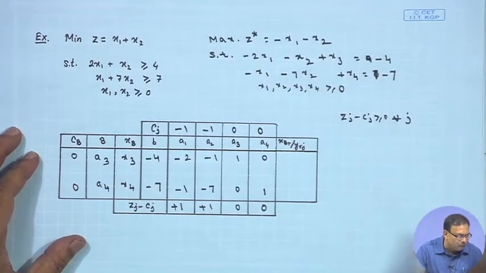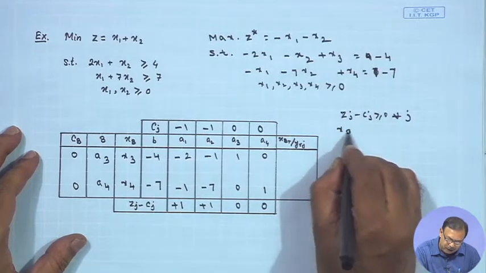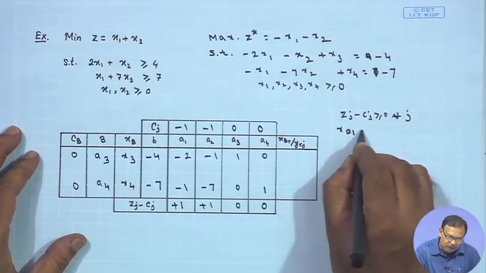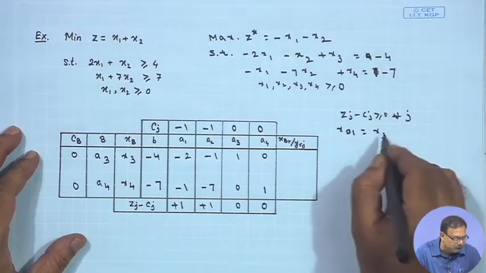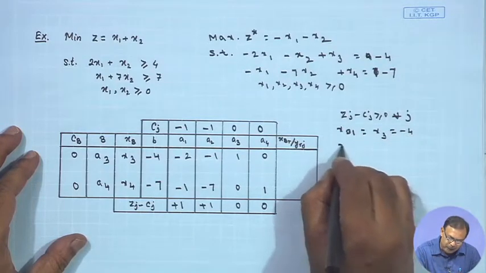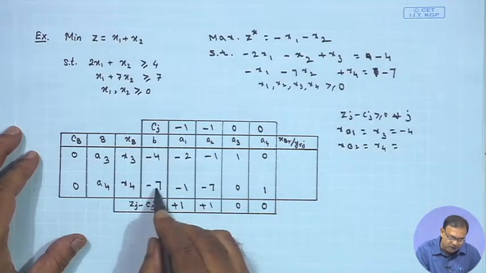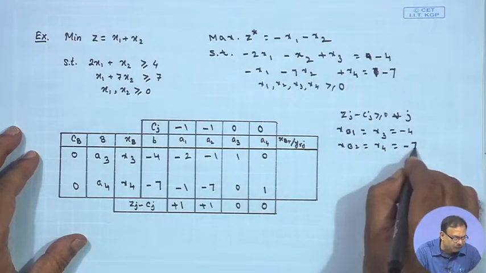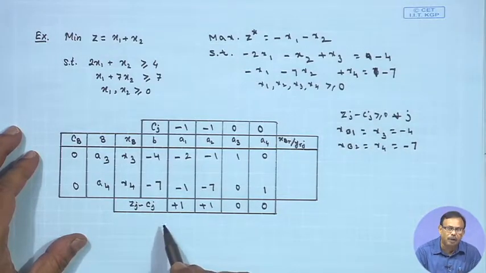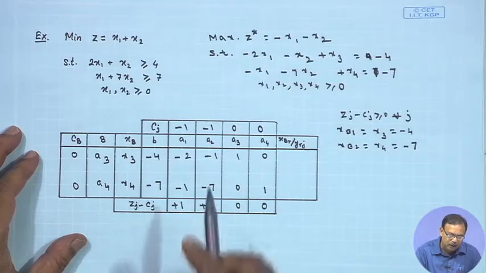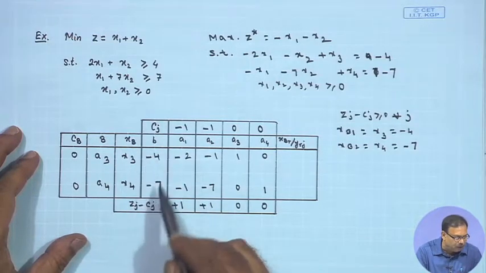So, x b 1, I am just explaining elaborately, x b 1 equals x 3 that is equals minus 4, x b 2 equals x 4 that is equals minus 7. So, your solution is optimum, since it satisfies the optimality condition, but infeasible, since the values of the decision variables are negative over here.